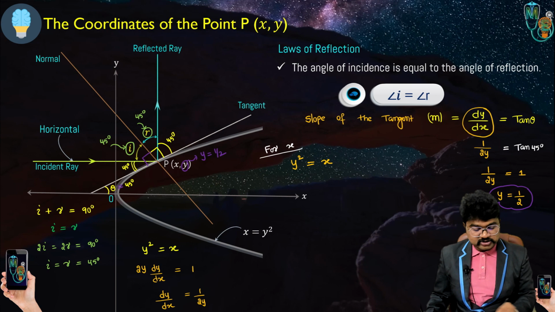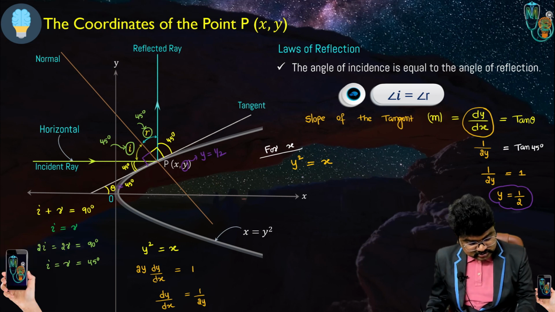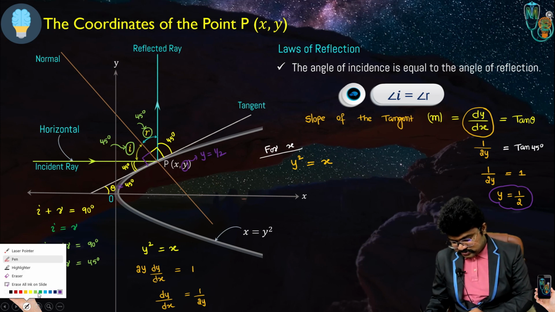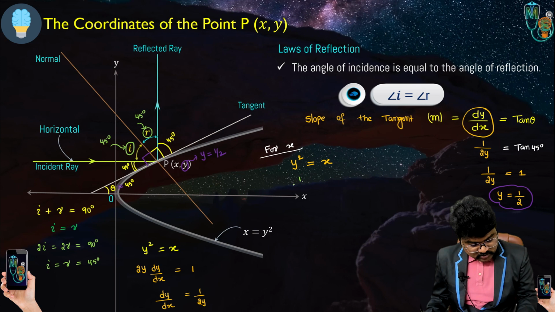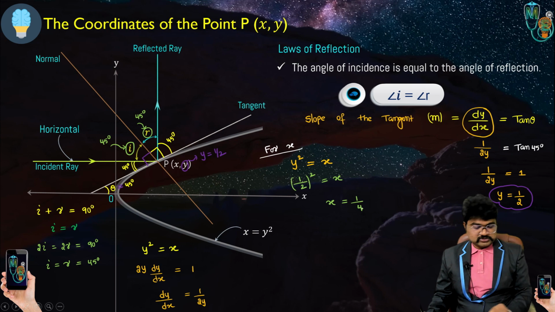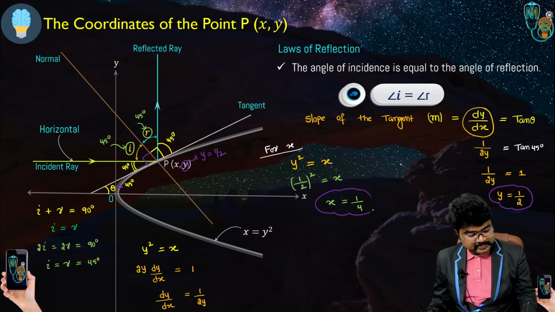You need to substitute y equal to 1 by 2 here. So 1 by 2 whole square equal to x. Then x equal to 1 by 4.